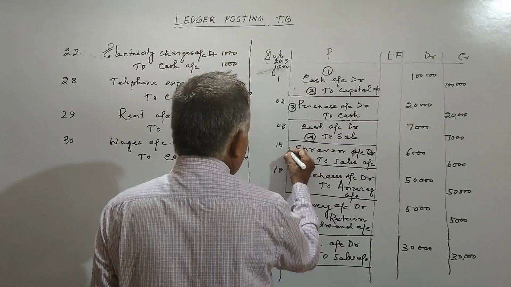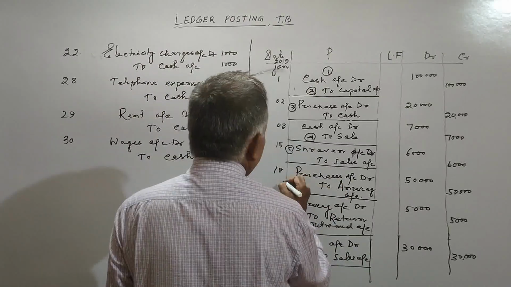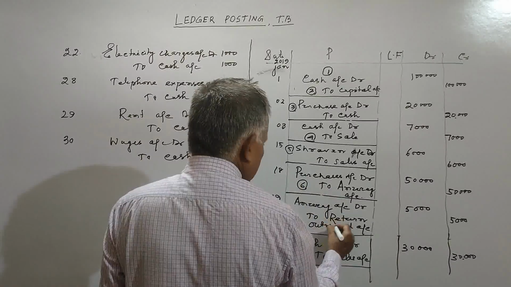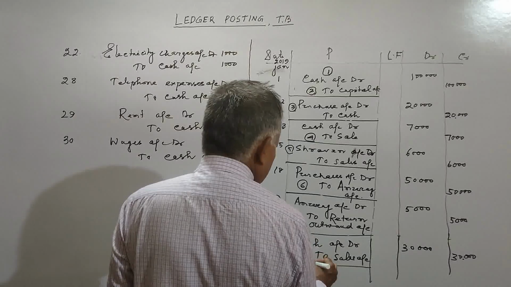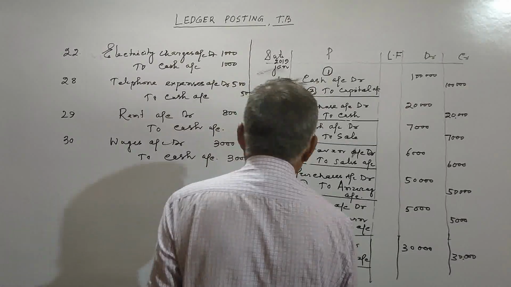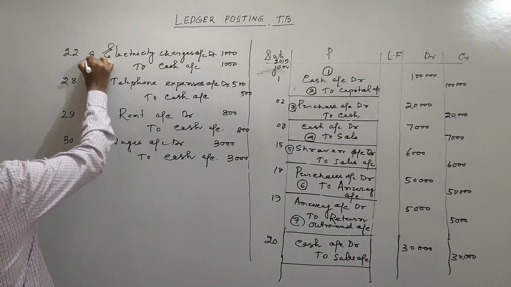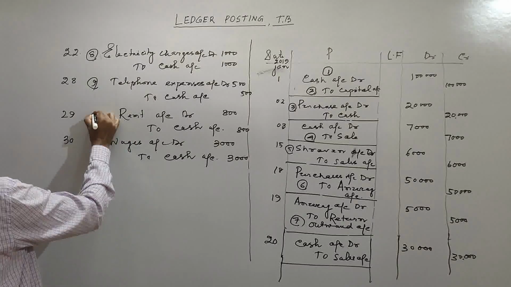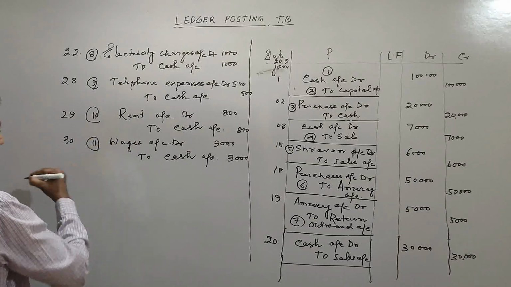New account 5, Shravan. Then sale is over. Purchase we have taken. Anurag 6. And return outward 7. Cash we have done. Sales we have done, right? Electricity is your account number 8, telephone account number 9, rent account number 10, wages account number 11.